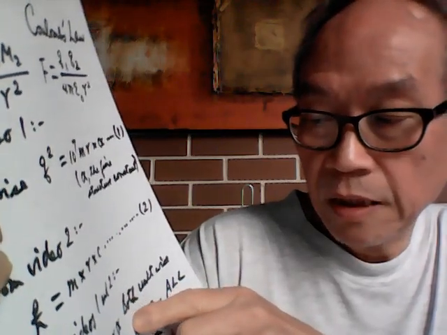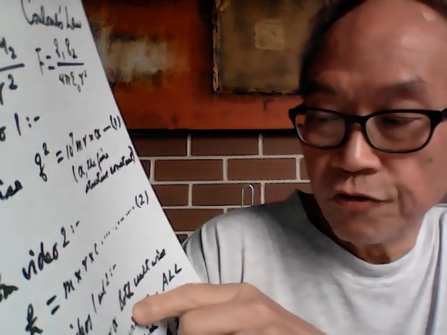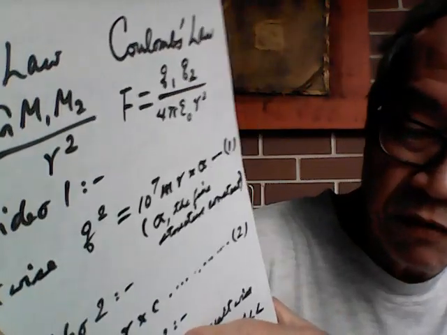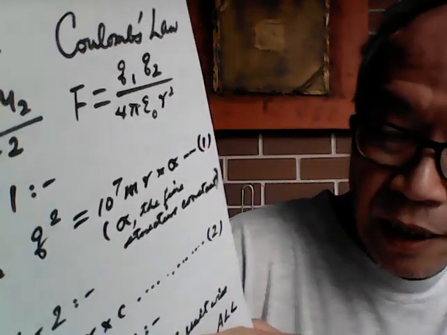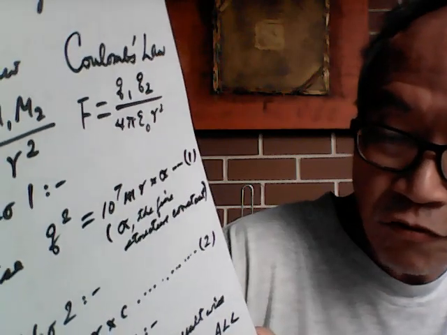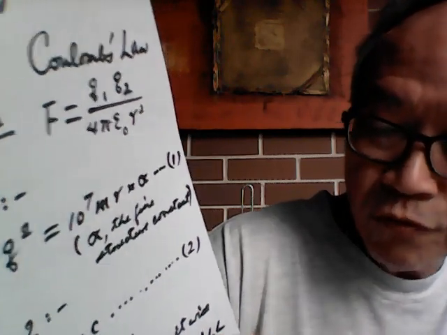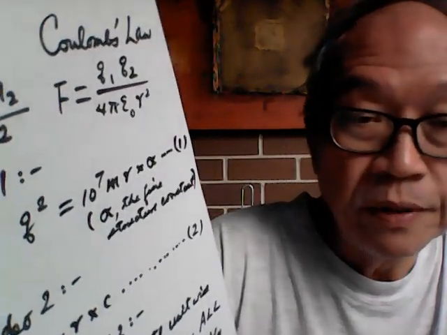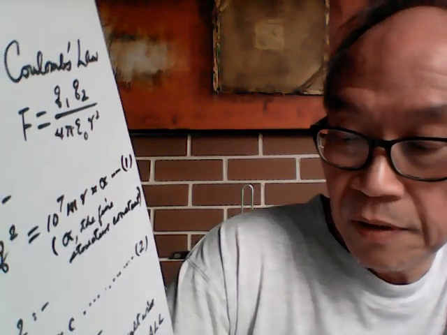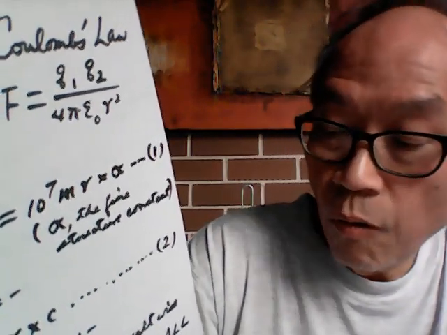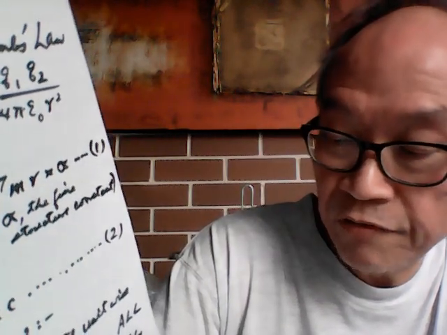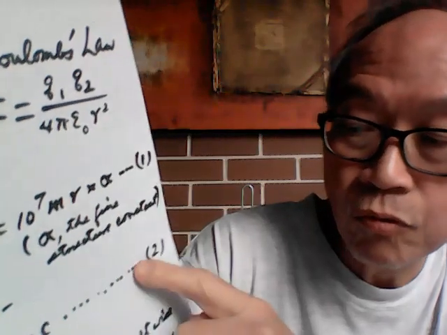From my videos 1 and 2, I have deduced that this relationship holds both unit-wise and numerically. They should be equal, and they are equal for all masses m and all lengths r, or radius, or wavelength, which satisfy equation 2.